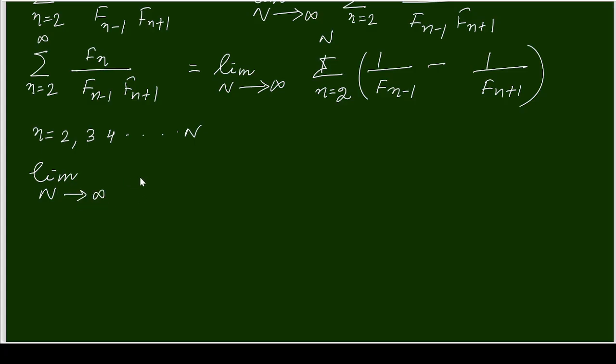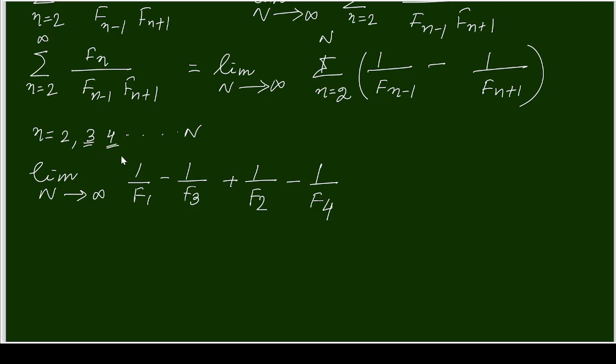It will be 1 over f1 minus, 2 plus 1 equals 3, f3. And when I put n equals 3, it will be plus f2, 3 minus 1 is 2, and here it will be 3 plus 1, f4.